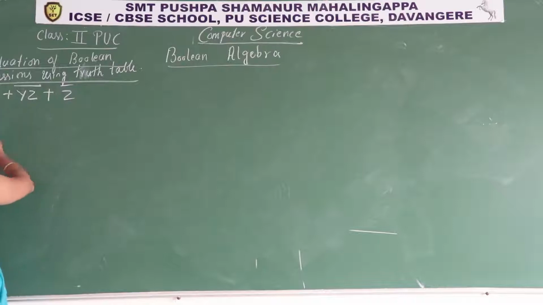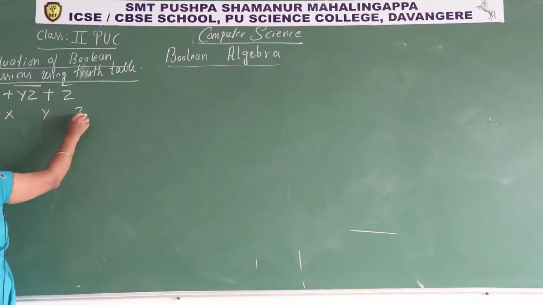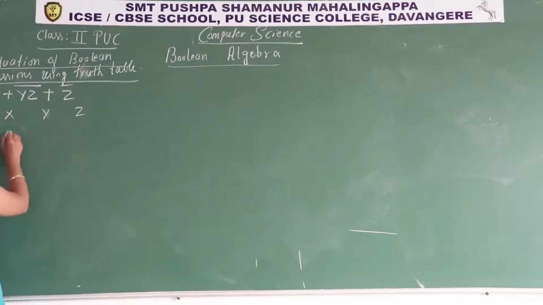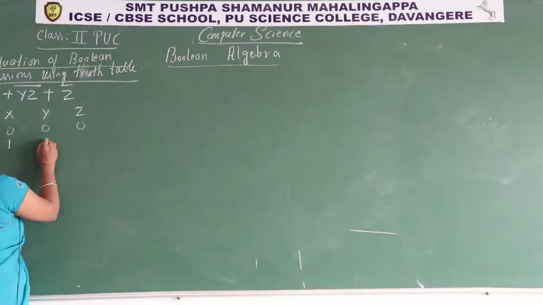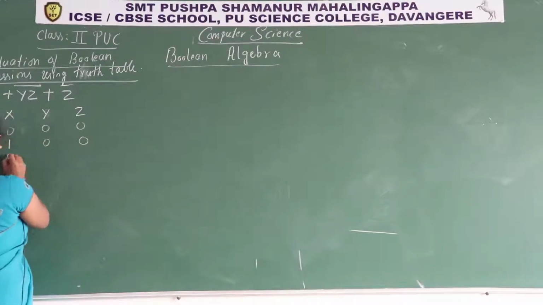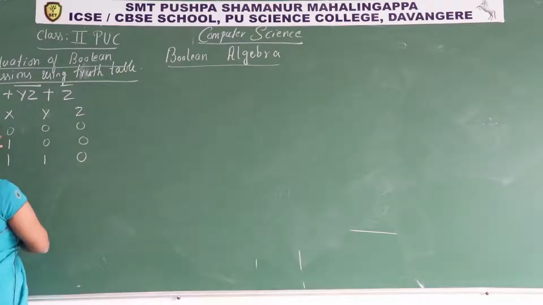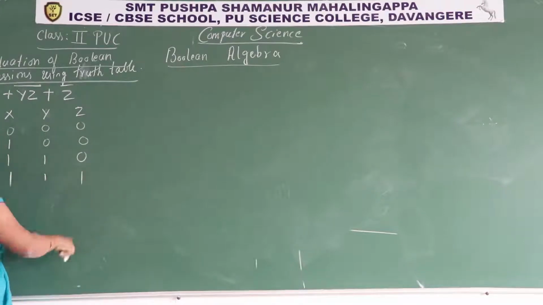See, randomly you can write 0. If I write x, y, z, these are inputs. If I take all 0, 0, 0, sometimes x1, y0, z0. Now I'll take x1, y1, z0, then x1, y1, z1.